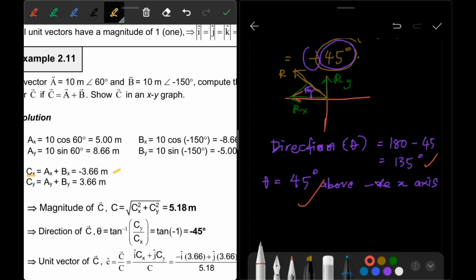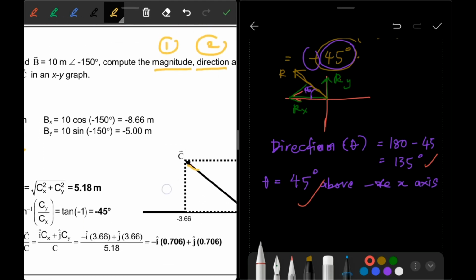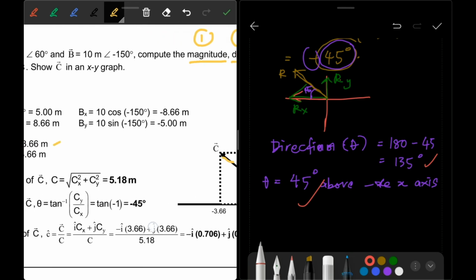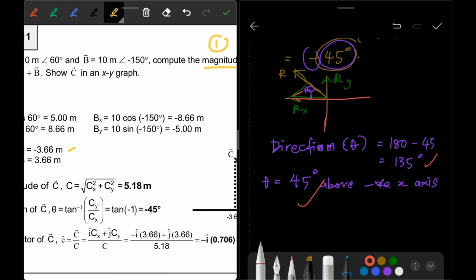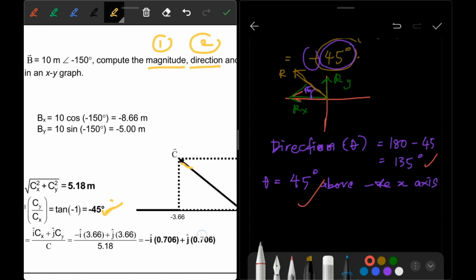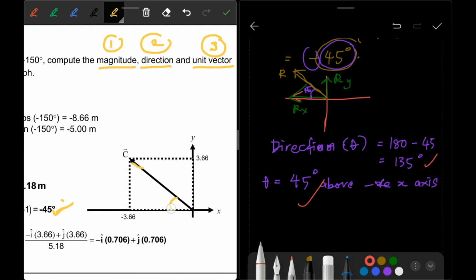Right. Look at your book. This one is wrong. This is not the correct direction, because the direction will be somewhere here. Here is 45. If you want to state the direction in terms of angle, you have to compute it from the positive x-axis like this.